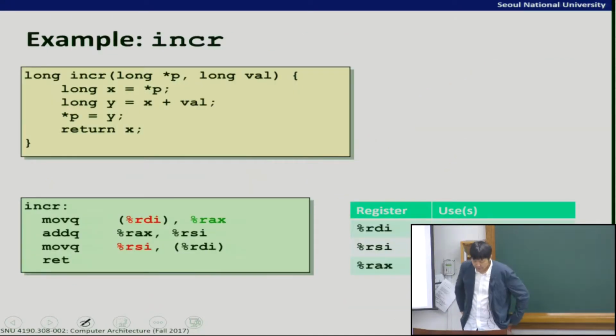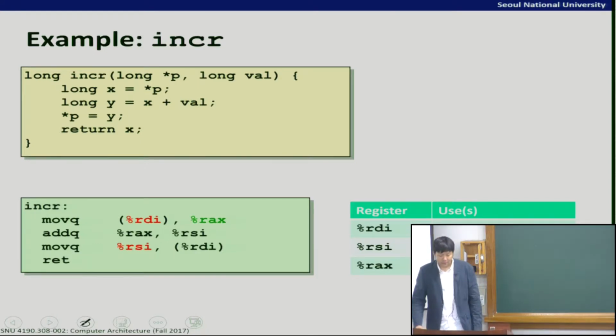Okay. So let's take a look at another example, the increment function, and how this data is stored in the stack frame. So here's an increment function. This is another very dumb little function. It takes two arguments as input. The first one is a pointer, and the second one is a value. What it does is add the value to the value stored at the pointer, and then update the value at the pointer.